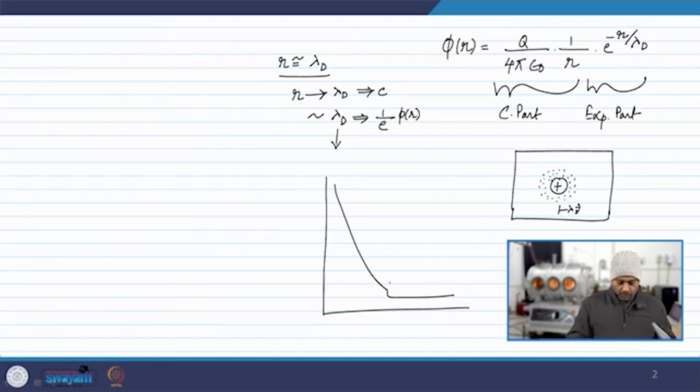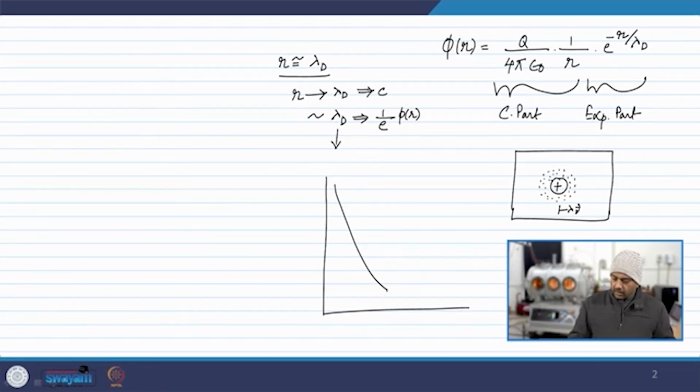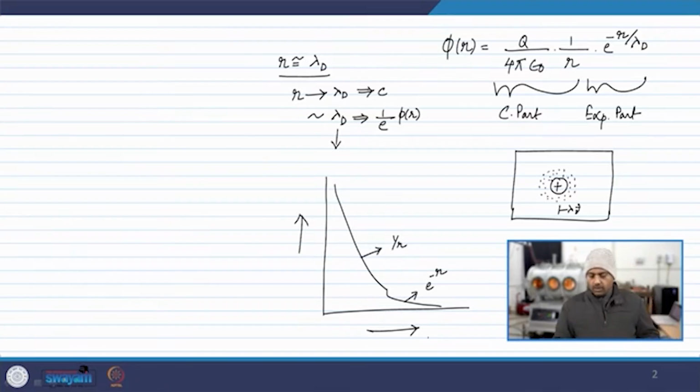So, this is a 1 by r dependence and this is an e to the power of minus r dependence. This is as you go away in r, and this tells you the magnitude of the potential, right. So, this is a very important characteristic of plasma.